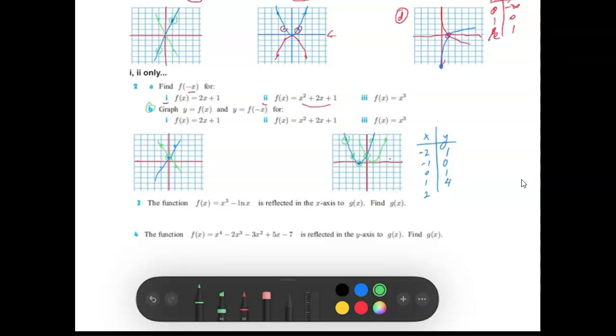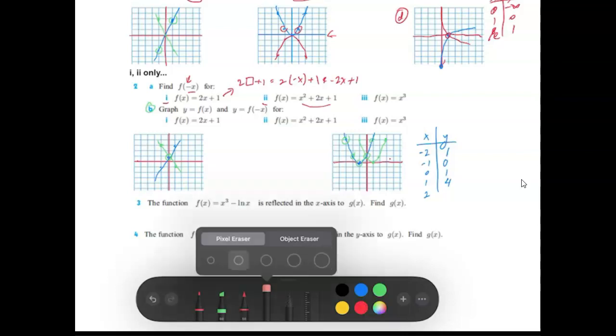Now, how do I find the simplified expression for the horizontal reflection? You can see that all I need to do is convert this into the box form. And then I put in negative x inside the box. So it would be 2 times negative x in parentheses plus 1, which is equal to negative 2x plus 1. Okay.